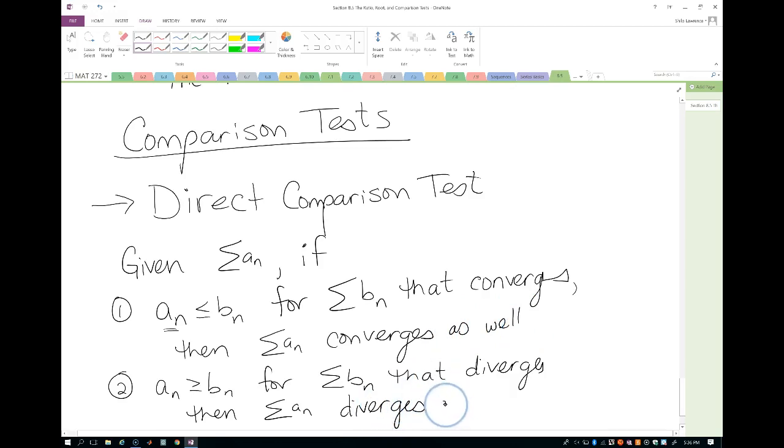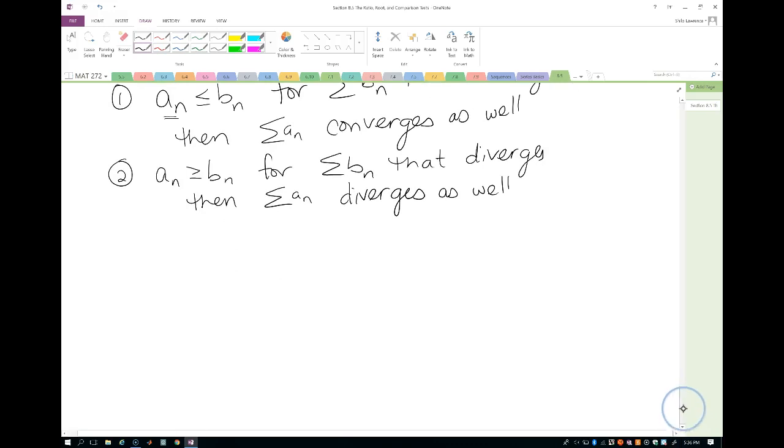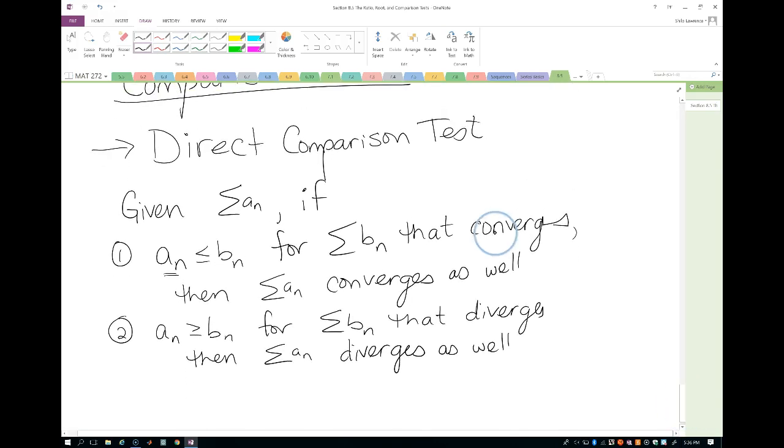So it's very important that you try to determine ahead of time whether or not you think the series you're given converges or diverges. That way we can figure out what to compare it to. So if we think that ours converges, then we need to find a series whose terms are larger. If we think that ours diverges, we need to find a series that has terms that are smaller than ours.